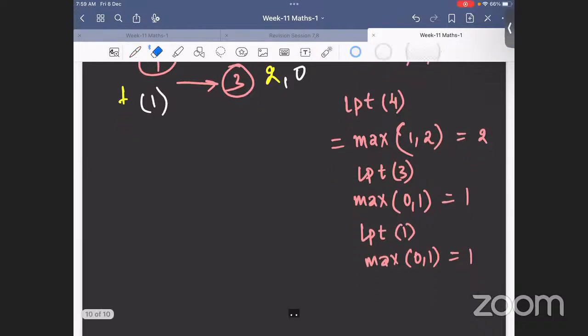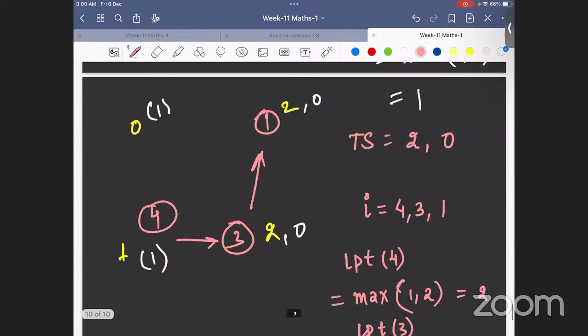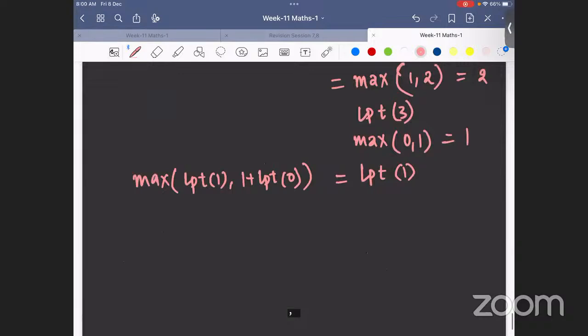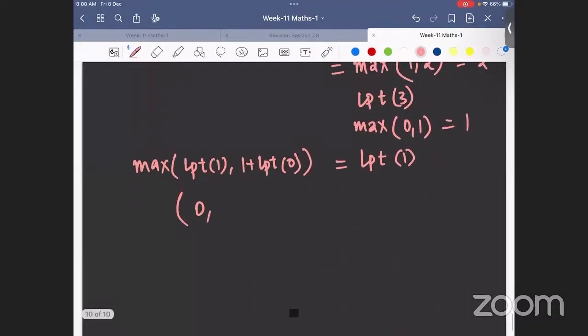One thing we did by mistake here. I guess for 1 we have calculated incorrectly. So for LPT of 1, what should be the value, maximum of what? Maximum of LPT of 1, comma 1 plus LPT of 0, right? What is the LPT of 0? For 0 it was 1, right? So it should be maximum of 0, comma LPT of 1 plus LPT of 1.